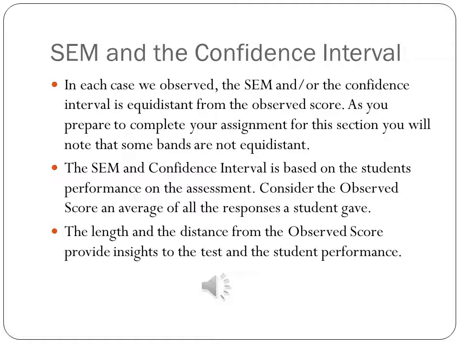The standard error of measure and the confidence interval are based on the student's performance on the assessment. So consider the observed score an average of all of the responses the student gave. The length and distance of the SEM or the confidence interval from the observed score provide insights into the test and the student's performance on the test. Let's look at some examples.